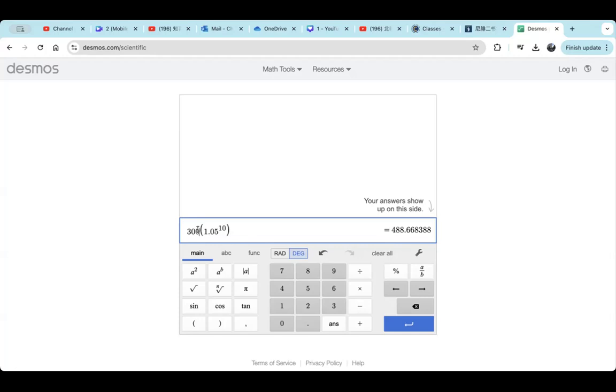1.05, let's do this one more time. Maybe right, because it's only $300, so we round to cents, right? The third decimal place is 8, so we carry 8 to 6, we get $488.67, right?